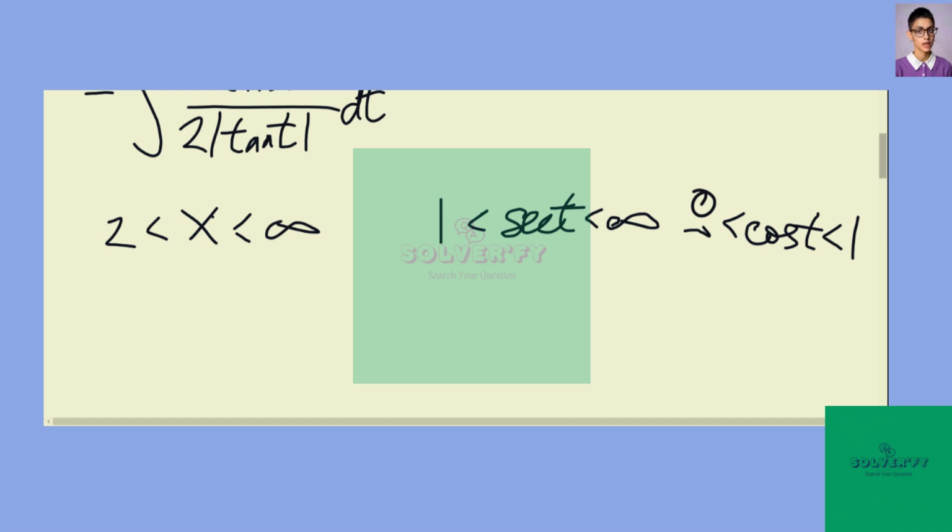This, of course, means that t is going to have to lie between negative pi over 2 and positive pi over 2. And we also have that t cannot be equal to 0. In fact, it can't be equal to any multiple of pi.